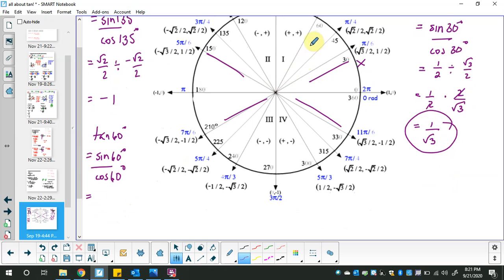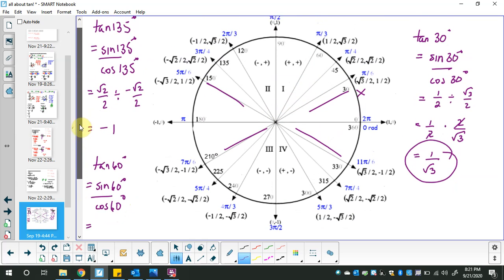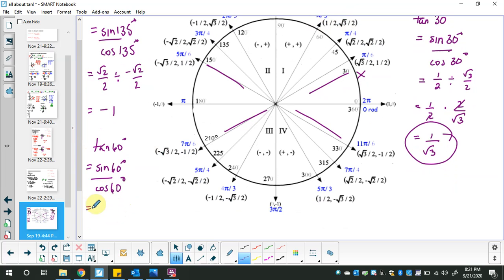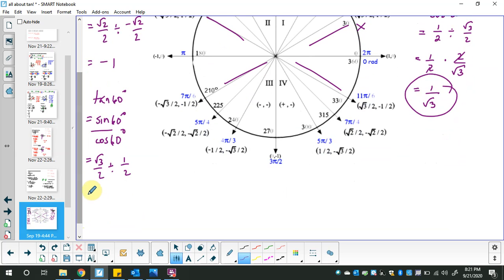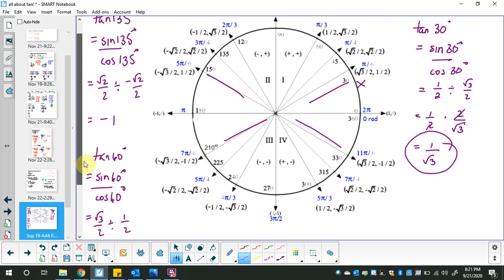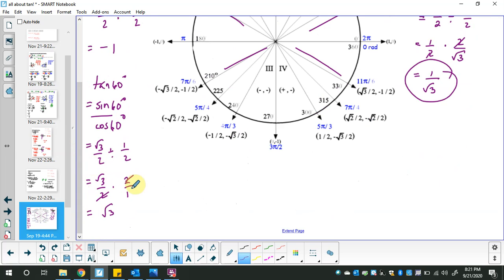So sine of 60 is off the chart. Sine is the second one, so root 3 over 2 divided by 1 over 2. Flip and times, knock out the 2's, root 3 over 1. So you get repetitive values again, because guess where you're getting these numbers from? The very repetitive unit circle. So -1 for every tan 135 and positive root 3 for every tan 60.